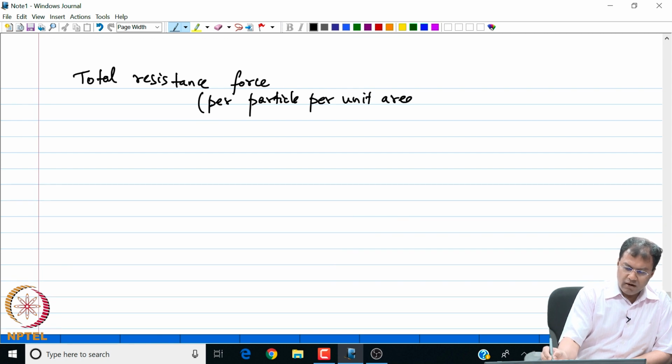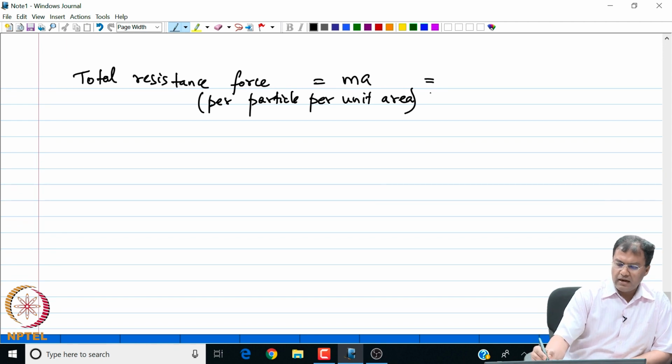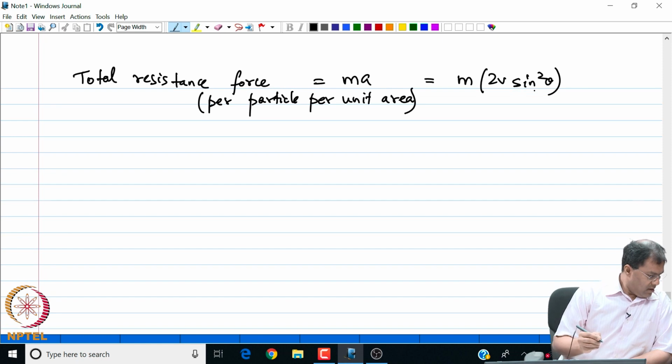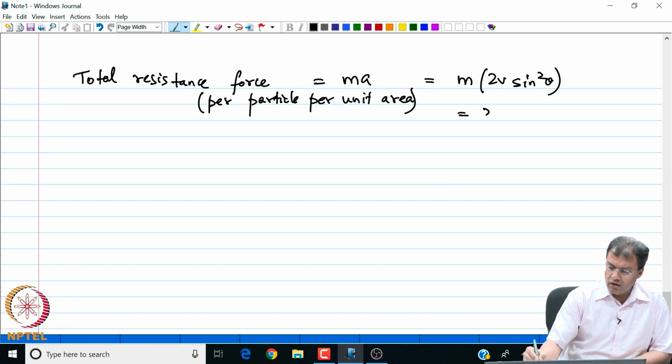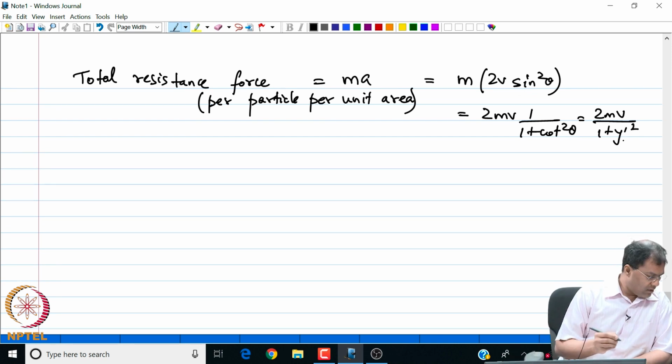The total force is mass times acceleration, Newton's second law, which is mass times the change in velocity, 2 V sin square theta. So, that is my net force, and this is equal to 2 m V times 1 by (1 plus cot square theta), which is also equal to 2 m V by (1 plus y prime square). That is how we have defined cot square theta.